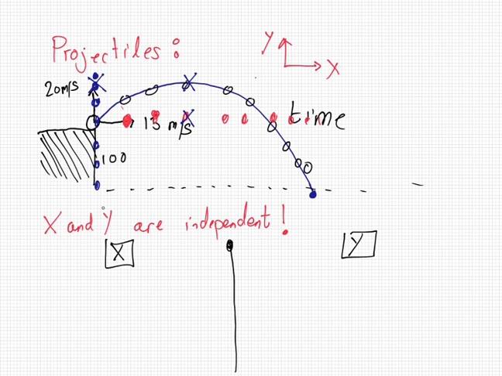So the y, we did this last time, didn't we? What's the u? 20. The v, we don't know. The a, minus 10, or minus 9.8. The t, we don't know, but we worked it out as 7, didn't we?